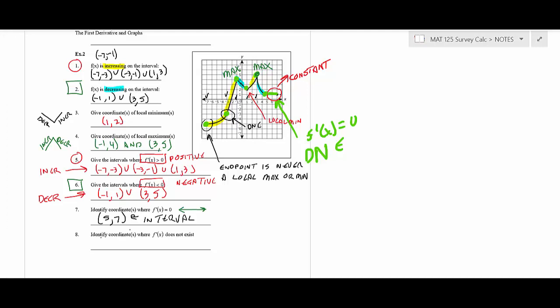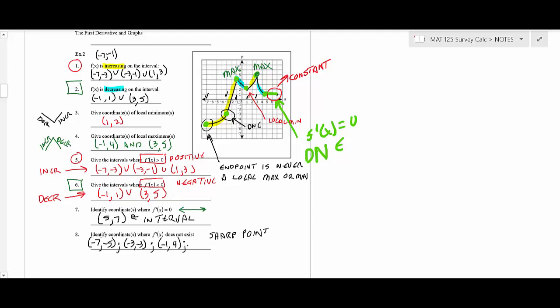Now we're going to find every place where it doesn't exist. So that would be like sharp points. And there's a whole bunch of sharp points on here. One coordinate would be -7, -5. Now that's an end point. So on an end point like that, the derivative is said to not exist. We would have -3, -3. We would also have -1, 4.